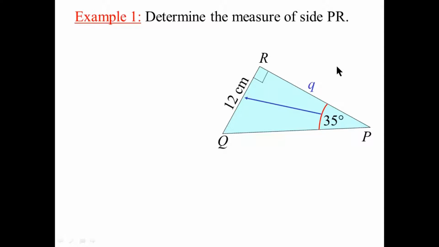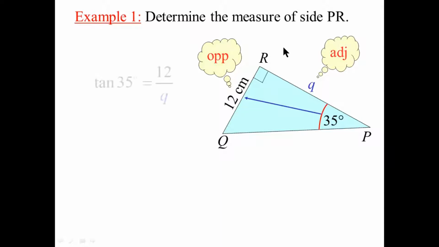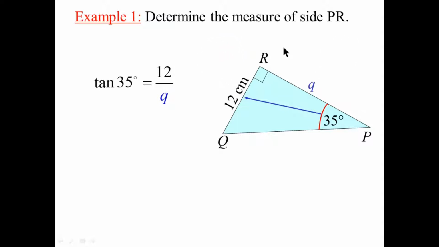So what we do is we start naming the sides. We could call the 12 opposite, and we could call the Q adjacent, if 35 degrees was our argument. And so tangent 35 is opposite over adjacent. We chose tangent because, looking back, the sides that are in play are opposite and adjacent, and that means tangent, according to SOHCAHTOA.